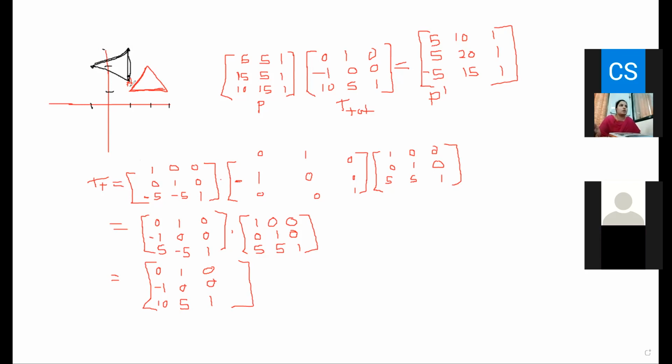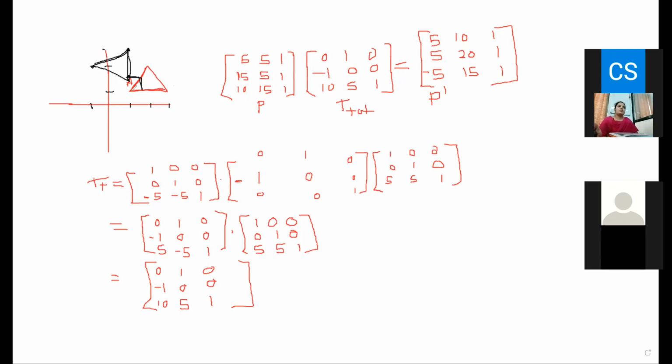So the horizontal side has become vertical, and that's why the angle of rotation is 90 degree. And this is the same value, that is 15 is kept constant, which is your y value here. X is changing, and that is how the rotation is carried out with arbitrary point. Okay, so angle of rotation is 90 degree.